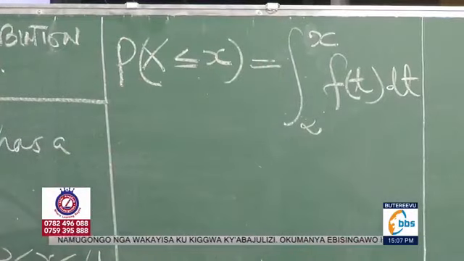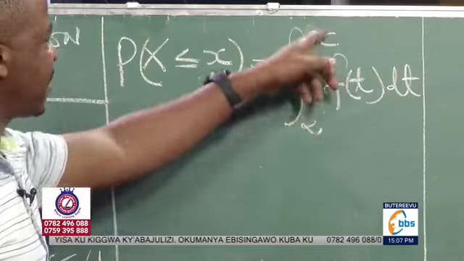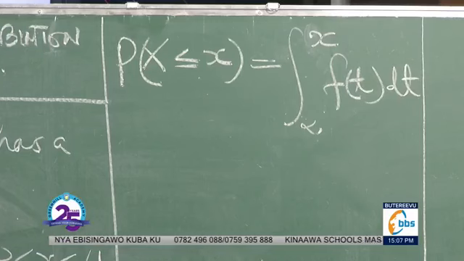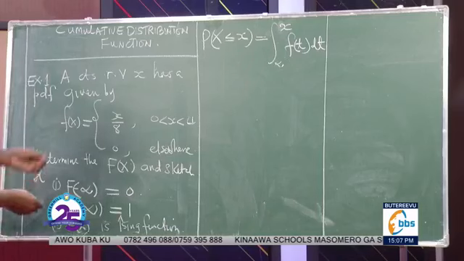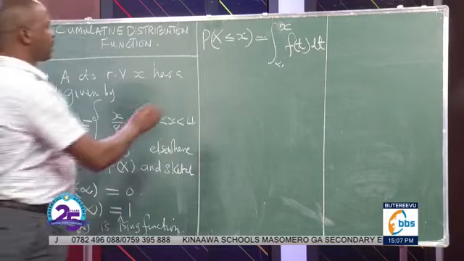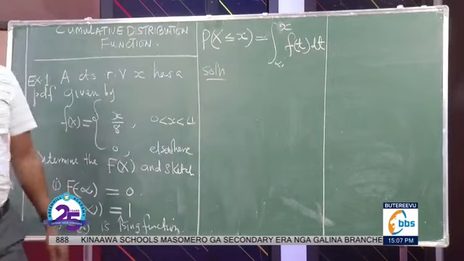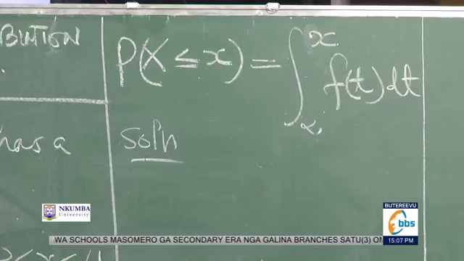Different books could look at these alternately, that we can work with x and end with t as we generate our distribution function. So I want us to move straight to the solution, and any other conditions we shall add as the lesson progresses.